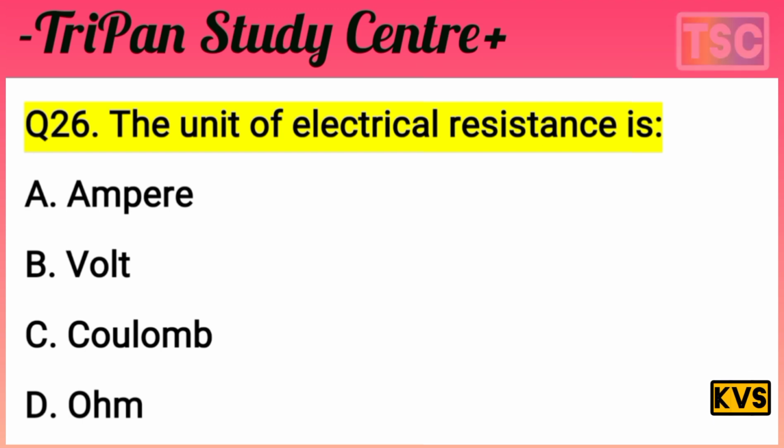The unit of electrical resistance is: ampere, volt, coulomb, D ohm. That's important. The answer is ohm, because the unit of electrical resistance is the ohm. It means option D is correct for this question.